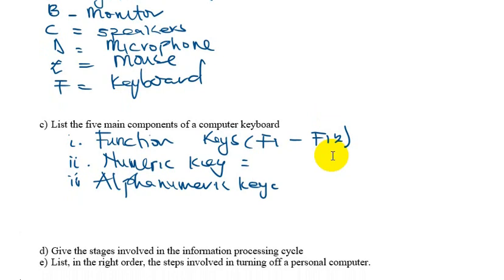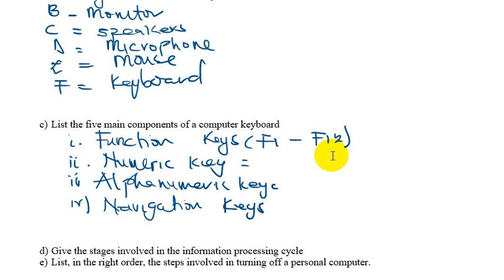That number and the letters joined together become the alphanumeric keys. I hope it's clear. Another one, we also have navigation keys, and these navigation keys are the cursor control keys.